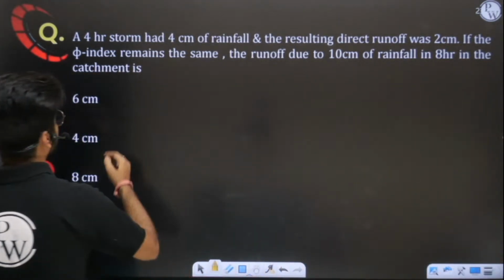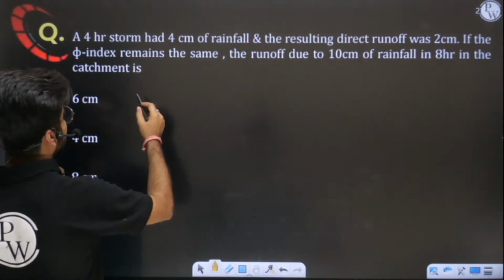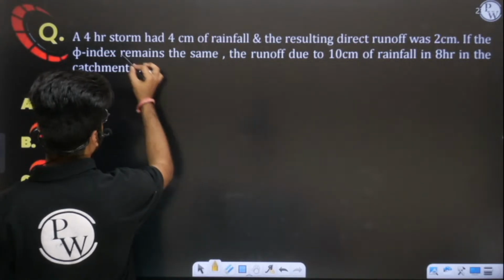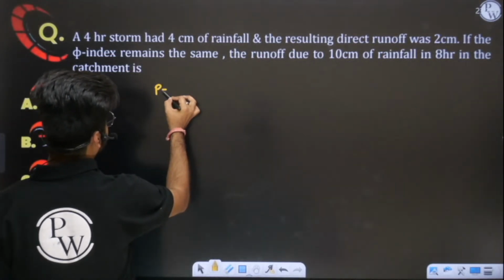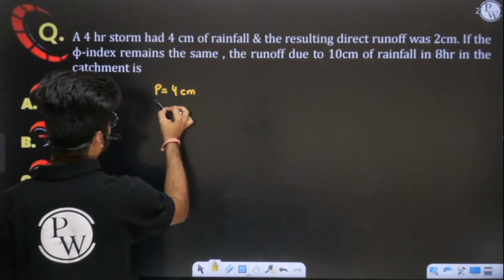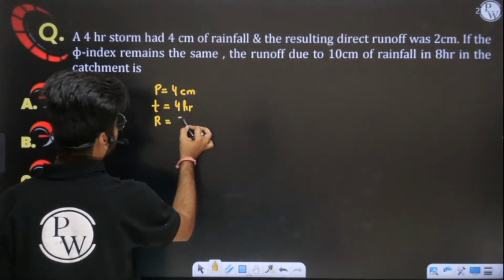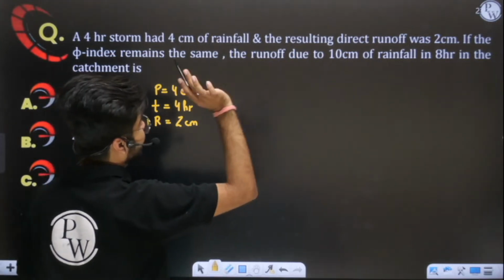So how will I solve it? From the first storm, rainfall is 4 centimeter, duration is 4 hour, and runoff is 2 centimeter. This is the first line of your question.